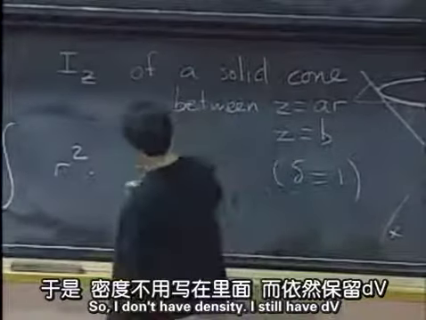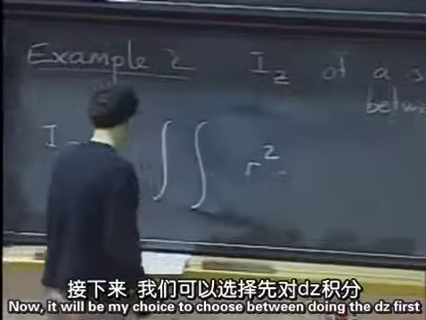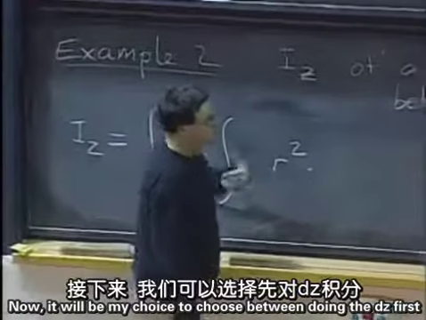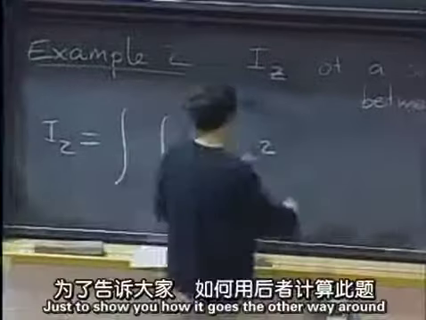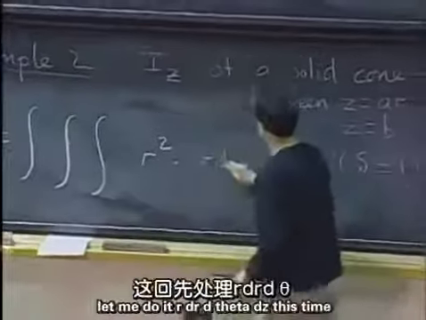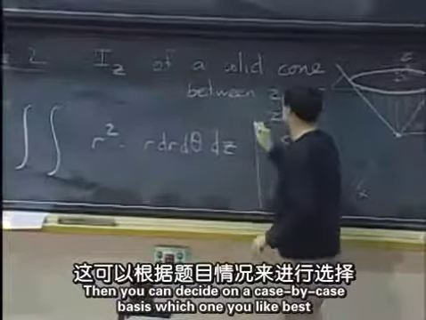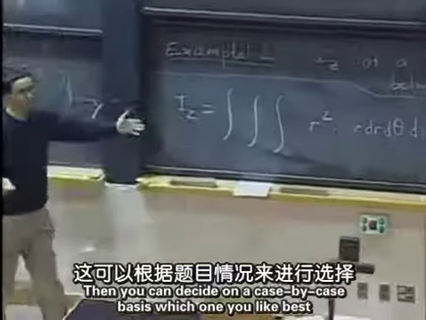I still have dV. Now, it's my choice between doing dz first or doing r dr d theta first. Just to show you how it goes the other way around, let me do it r dr d theta dz this time. Then you can decide on a case-by-case basis which one you like best.